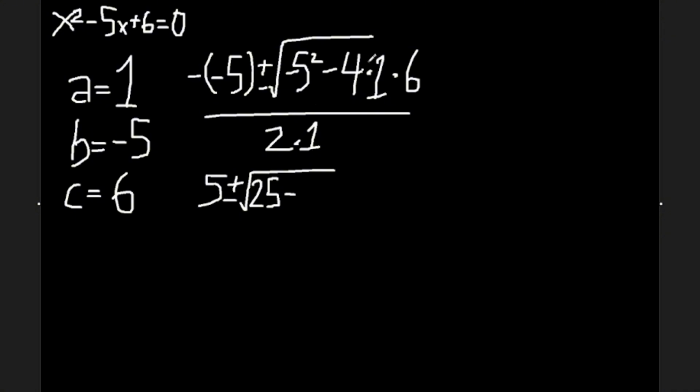Negative 4 times 1 is negative 4, and times 6, our product will be negative 24, over 2 times 1 is 2.